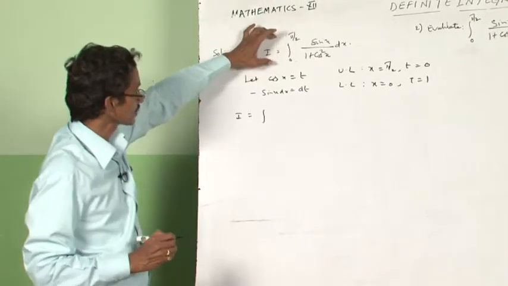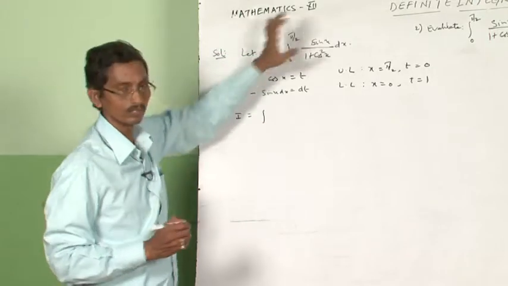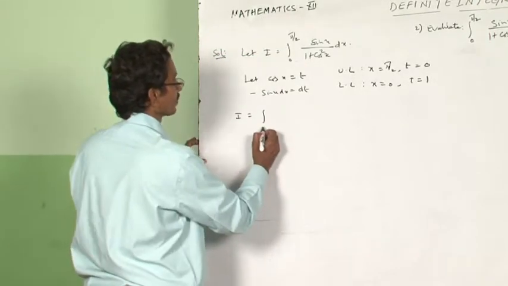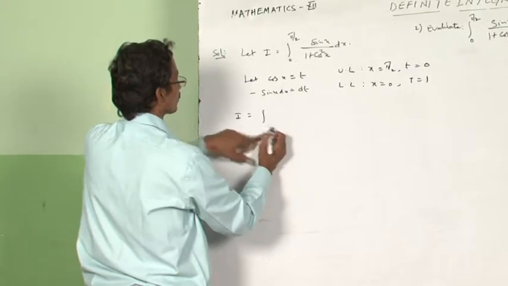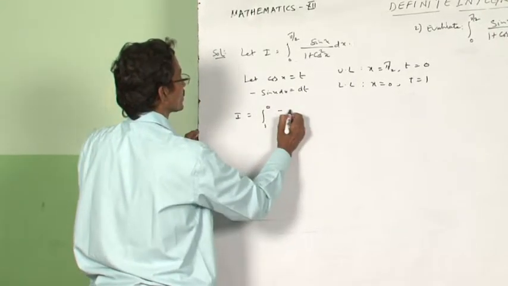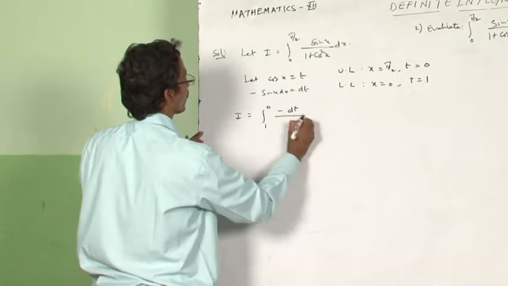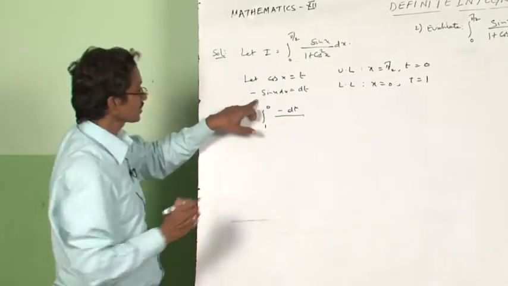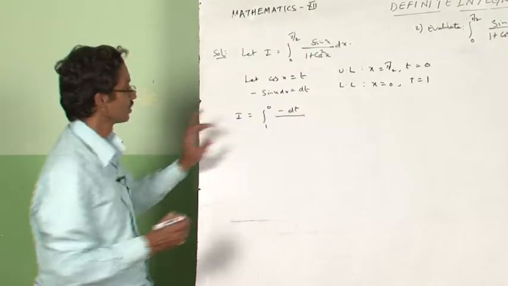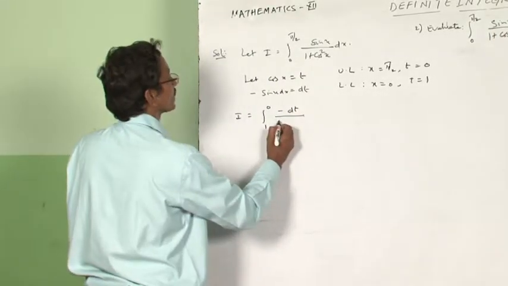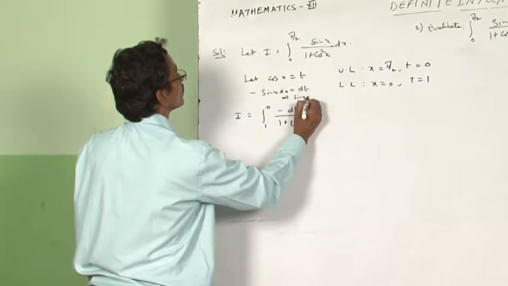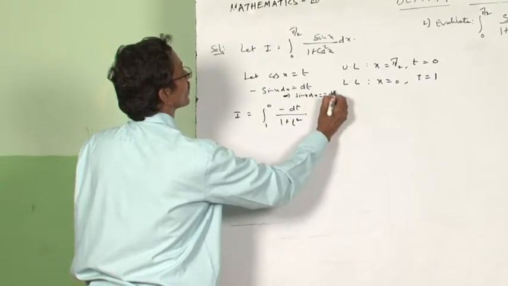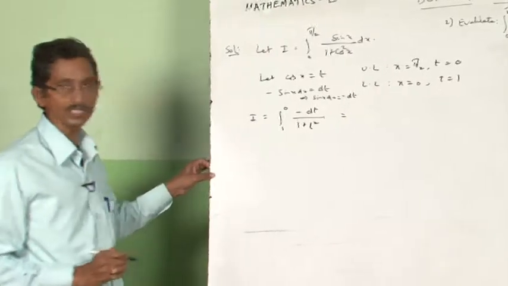Therefore, I is equal to the integral, now limits are changed by changing the variable. So, this is equal to the integral from 1 to 0 of minus dt by 1 plus t square, since sin x dx is equal to minus dt. I write here sin x dx is equal to minus dt for your clear understanding.